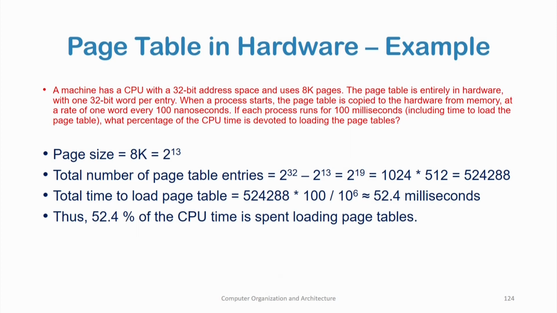So, basically I am not being able to do any good work other than loading the page table from memory into hardware, which is very costly. So, therefore, when the page table is in hardware, it is only possible in cases where the virtual address space sizes are small and we have a small number of page table entries.